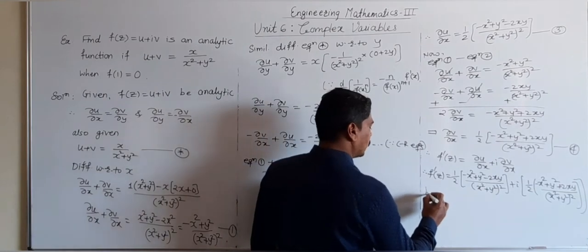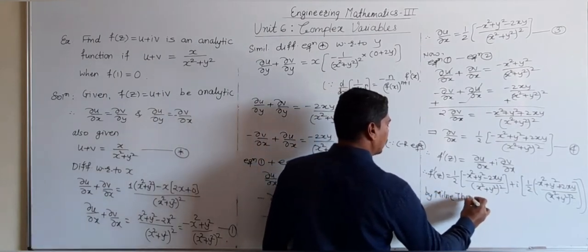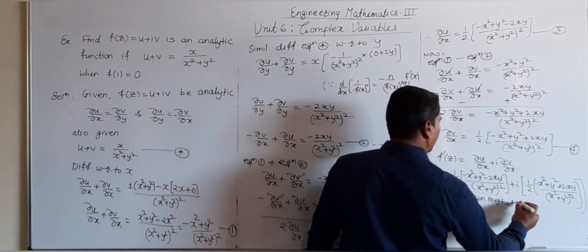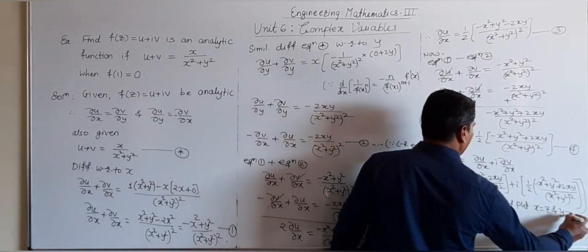Now use the Milne-Thomson method. Put x = z and y = 0.